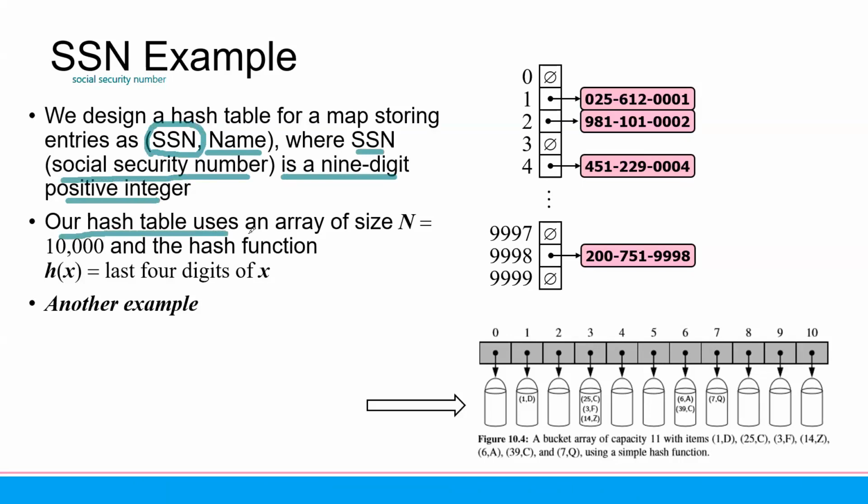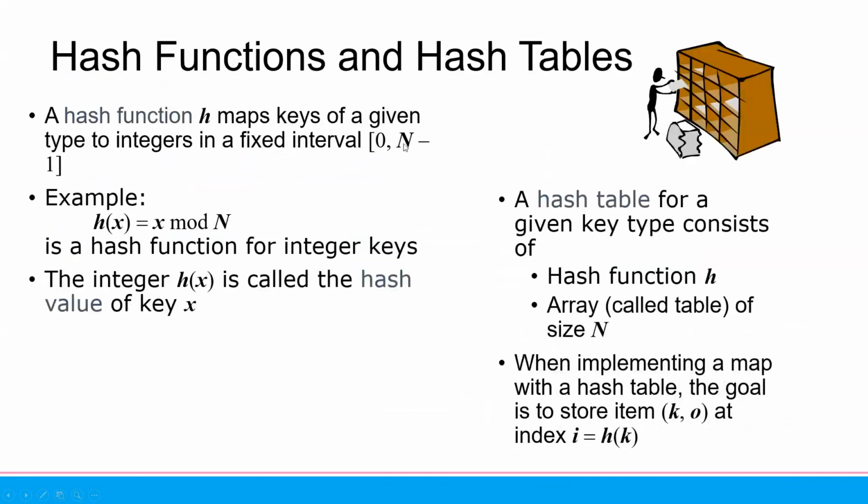Our hash table uses an array of size n equals 10,000. So there will be 10,000 elements in the array, and the index will be 0 until 9999, because as per the definition, we have 0 until n minus 1.